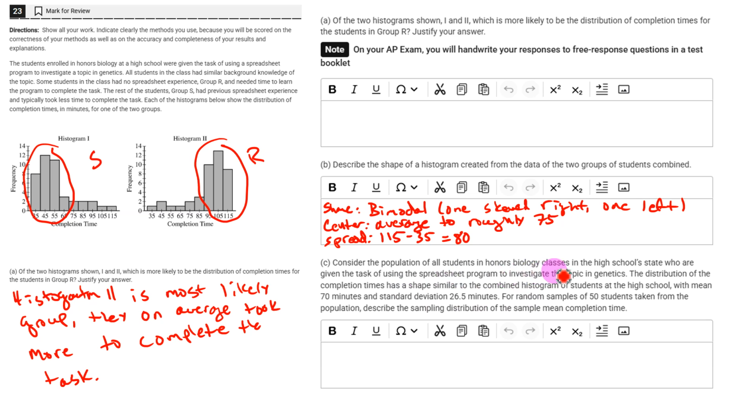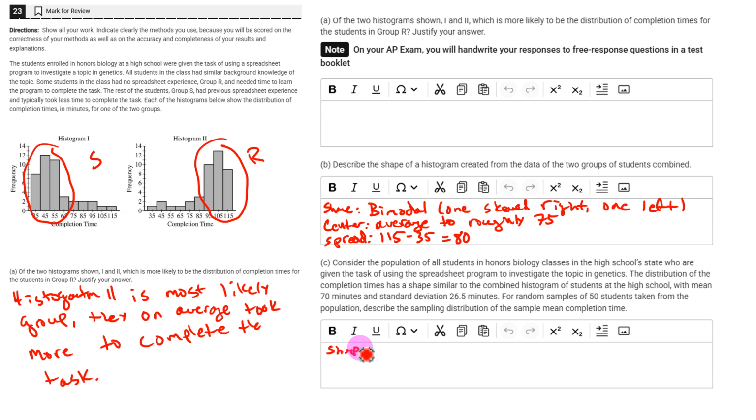Consider the population of all students in the honors biology class in the high school state who are given the task of using a spreadsheet to investigate the topic. The distribution of completion times is a shape similar to the combined histogram of students in high school. The mean is 70 minutes and standard deviation 26.5. For a random sample of 50 students taken from that, describe the sampling distribution of the sample mean completion time.